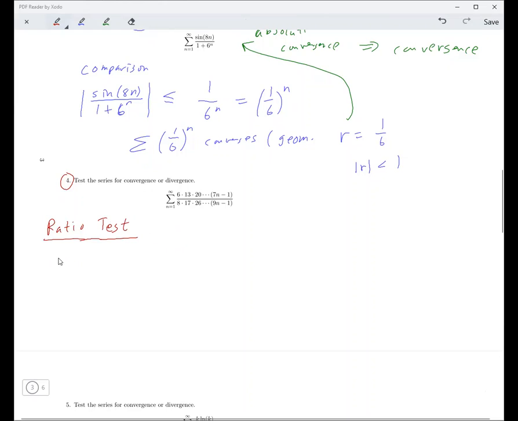Okay, so you take the limit as n goes to infinity of a_{n+1} over a_n. Absolute value, but all these terms are positive anyways. So you have an n plus 1 here. So that's 6 times 13 times 20, all the way up to this term right here, but then you'll have another one.